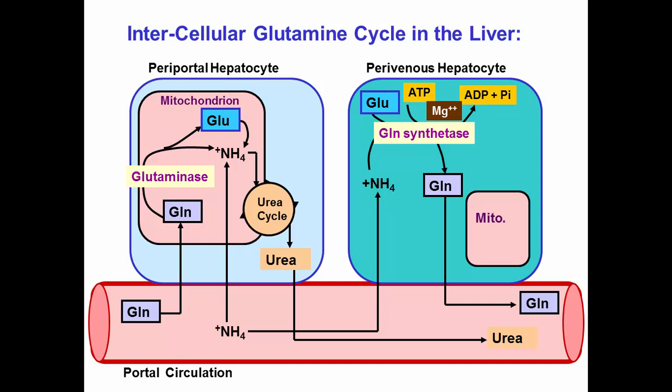Now back to the question: what happens if ammonia escapes? And it does sometimes, and there's ammonia coming in from the gut as well, from the intestine. Any that escapes will go into the glutamine synthetic reaction.